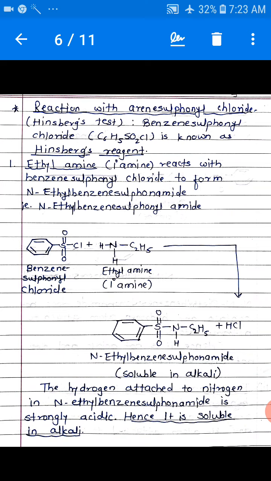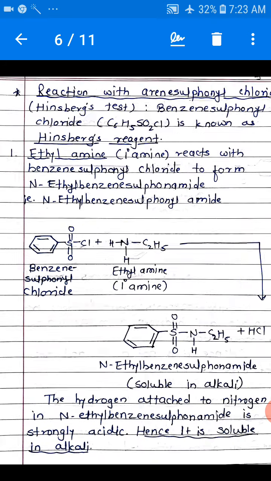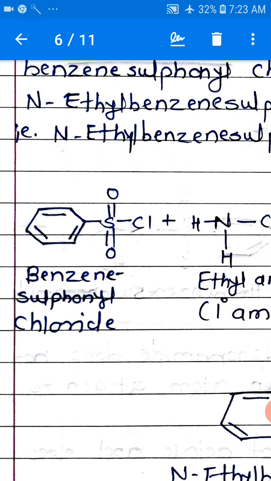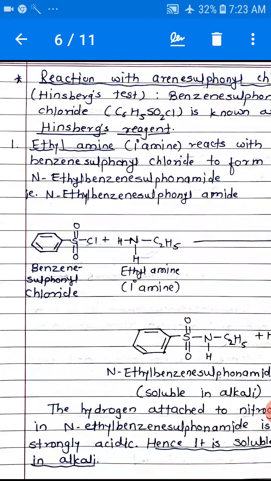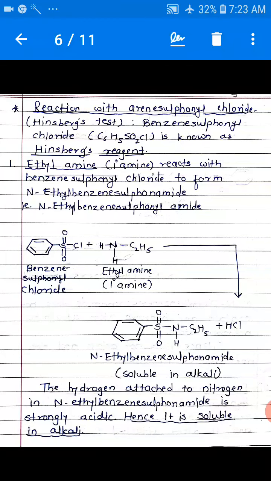Here first take the benzene sulfonyl chloride plus ethylamine, that is the primary amine, C2H5NH2. Here is the simple reaction.